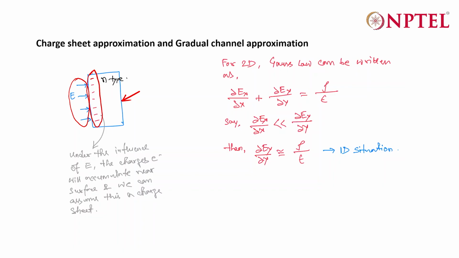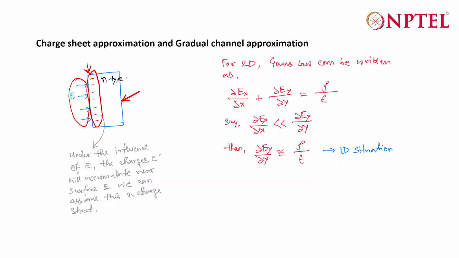And in such a situation, we can consider this particular accumulation as a sheet of charge, as if this is a charge sheet. So under the influence of electric field, the charges, that is electrons, will accumulate near the surface, and we can assume this particular accumulation of charge as a charge sheet. This is what charge sheet approximation is all about.